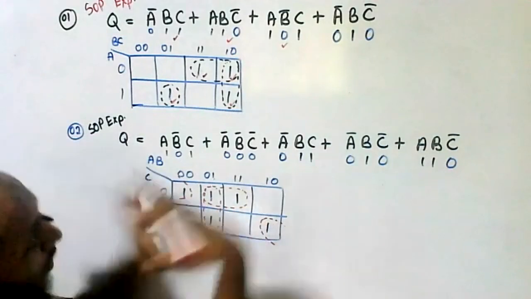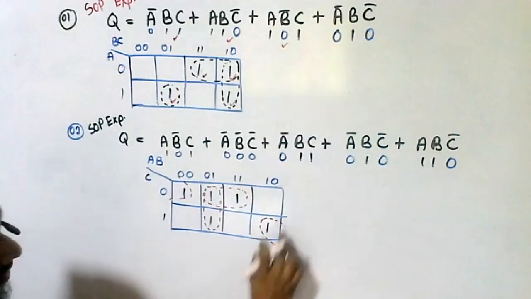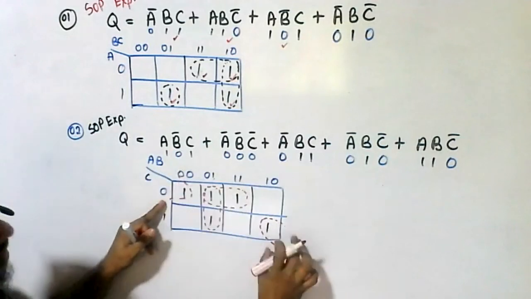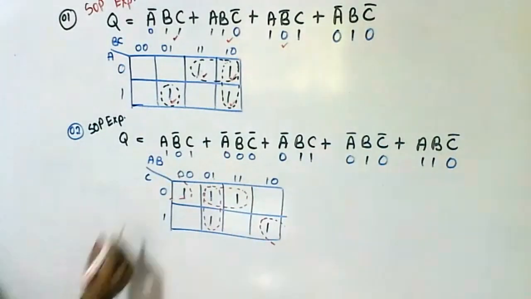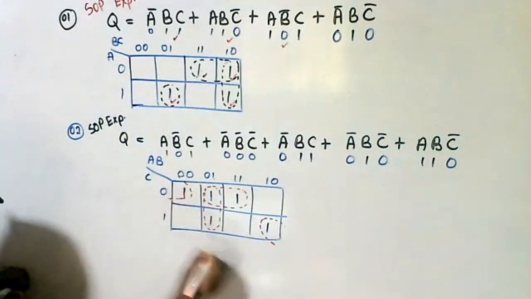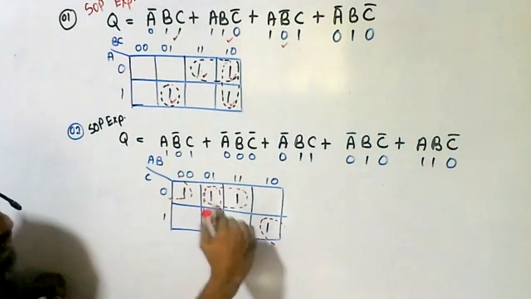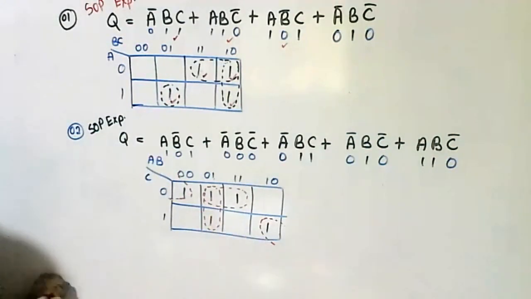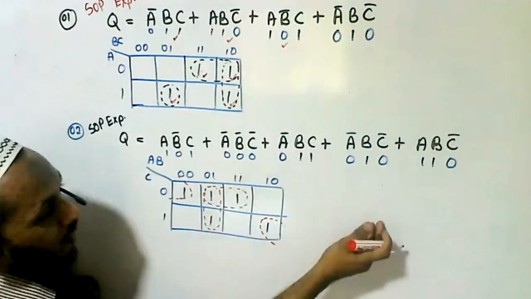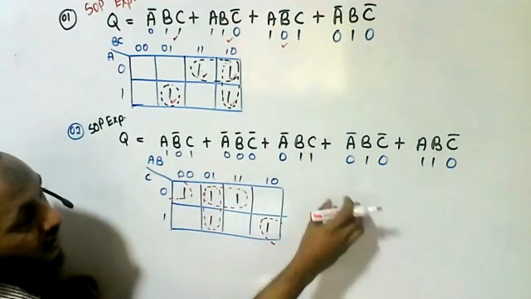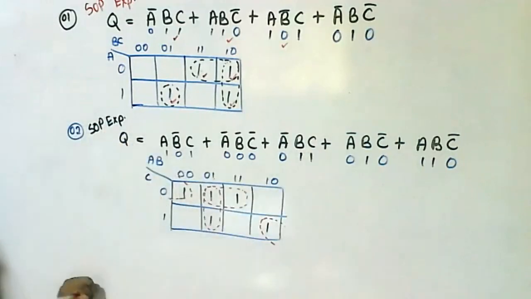Even this is wrapped around, so these corner ones we can group. Even these corner ones we can group. All right, so 3 groups are there. Each group has 2 ones. By using this, we can easily get the simplified SOP expression.